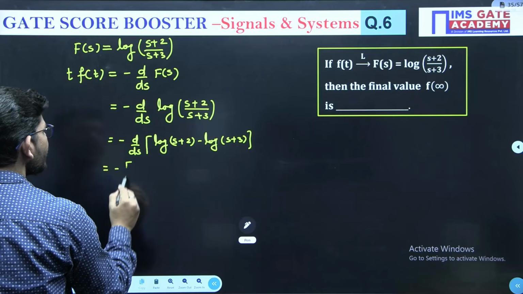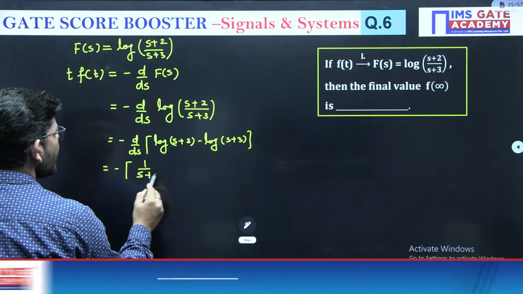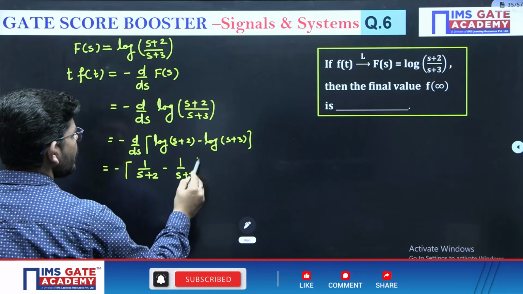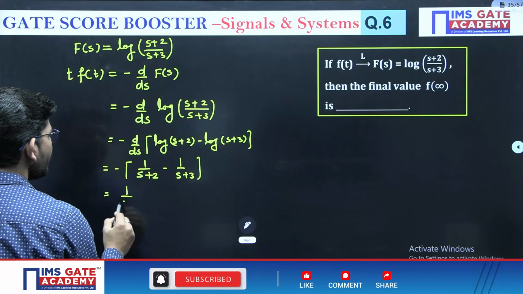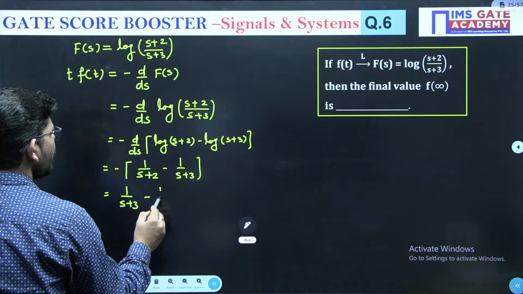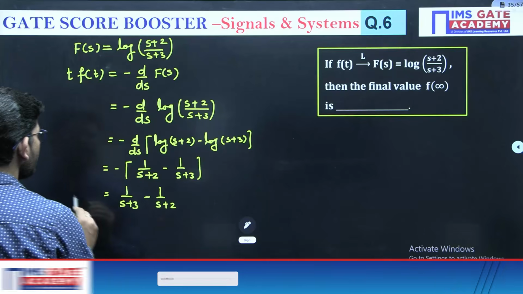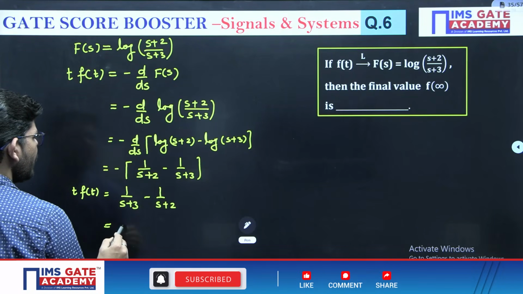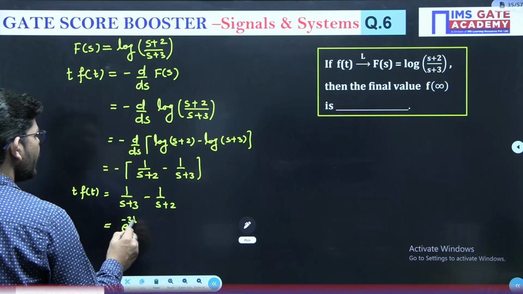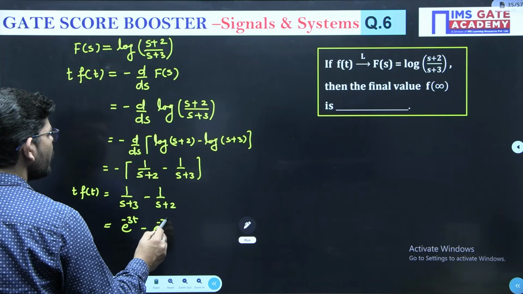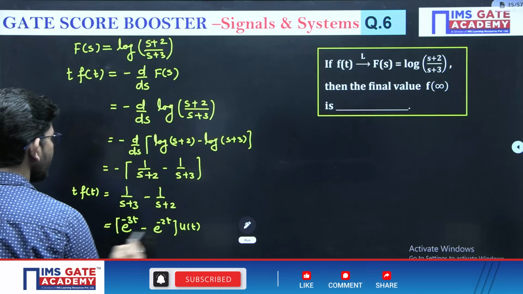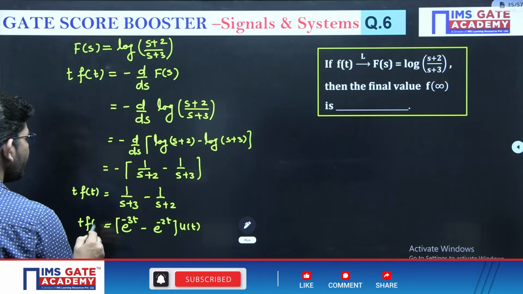On differentiation you will get 1 upon (s+2) minus 1 upon (s+3), with the minus sign, or you can write it as 1 upon (s+3) minus 1 upon (s+2). This is t f(t). Okay, now take the inverse Laplace transform. So you will get (e to the power minus 3t minus e to the power minus 2t) u(t). Okay, this is t f(t).